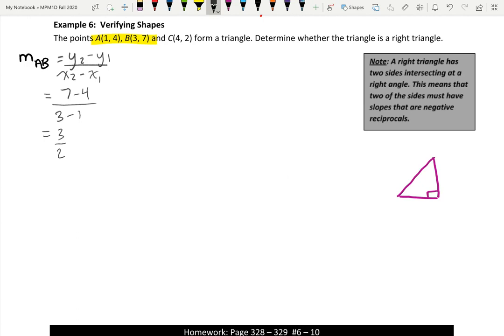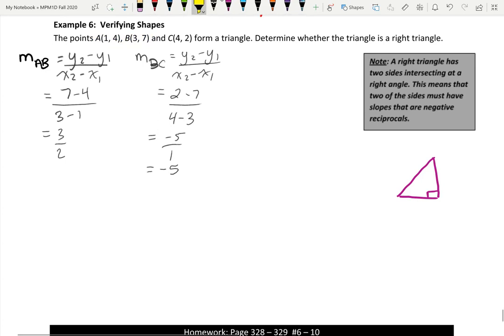Let's find the slope of BC. Again, I'm going to use the slope formula. Okay, so the slope of points B and C is -5.